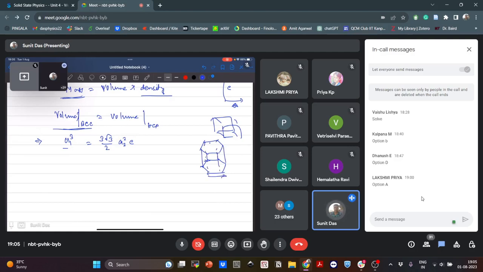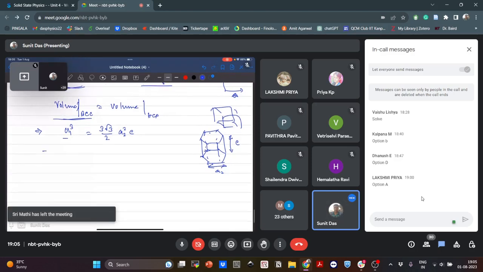So a2 is this one in plane, and c is out of plane, the vertical dimension. So we have this c by a2 ratio as 1.63. We'll use that to find a2.